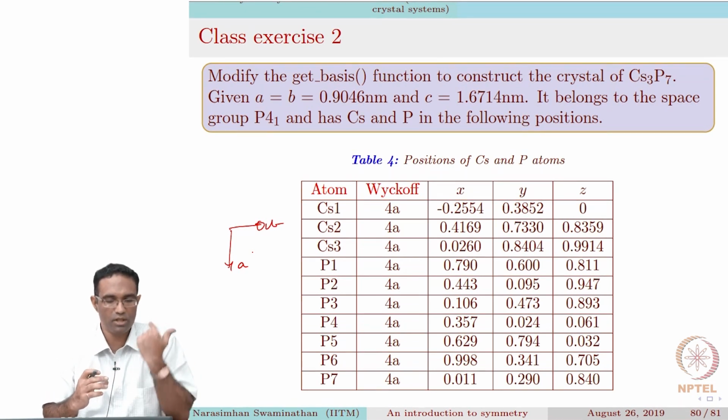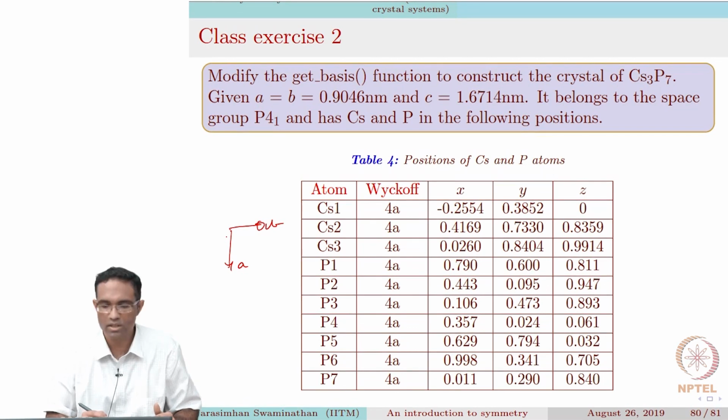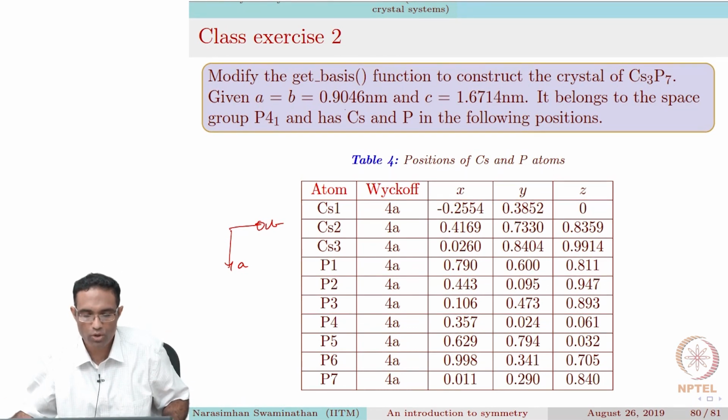The axis which has the maximum symmetry is basically taken as the C axis. Okay, so you have A and B given to you, which are both equal, and C is 1.6714 nanometers, given the P41 space group, and these are the various positions of Cs and P, and all of them are in position 4a.